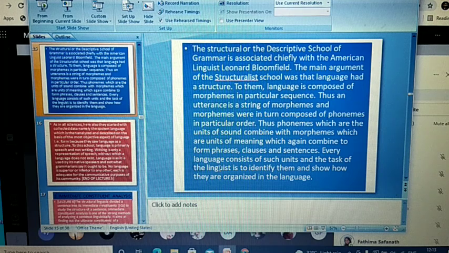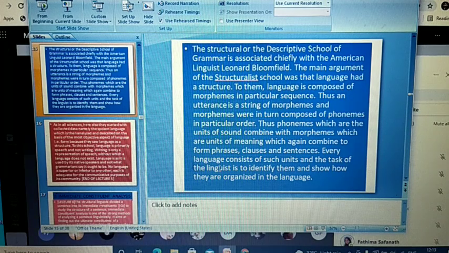Every language consists of such units, and the task of the linguist is to identify them and show how they are organized in the language. Very simple and easy. What is the duty of a structural linguist? What does a structural grammarian do? A structural grammarian is explaining the given linguistic element, no matter whether it is a word, a phrase, a clause, or a sentence, at three levels: phonetic, morphemic or morphological, and of course syntactic.